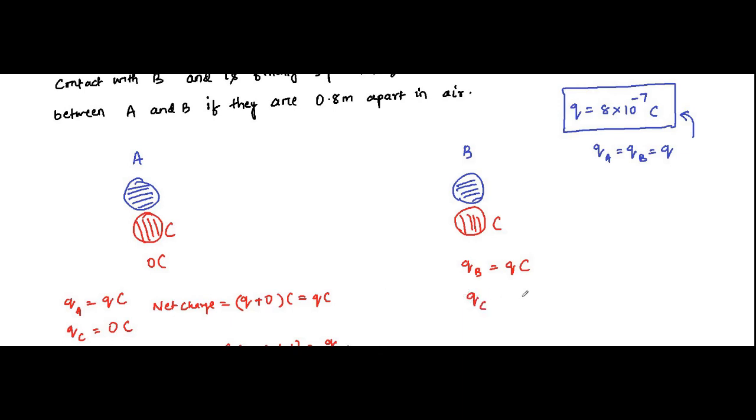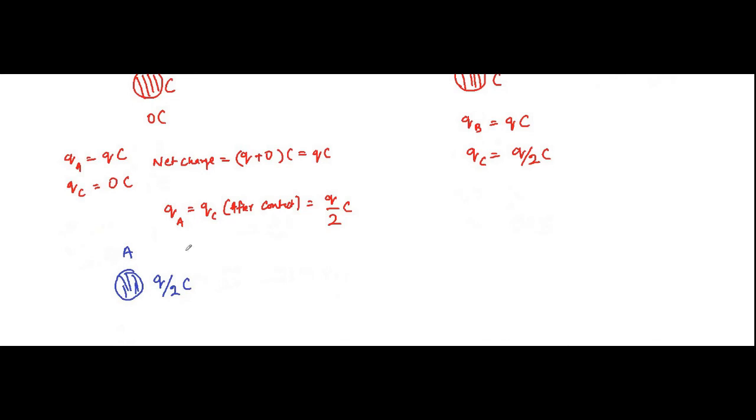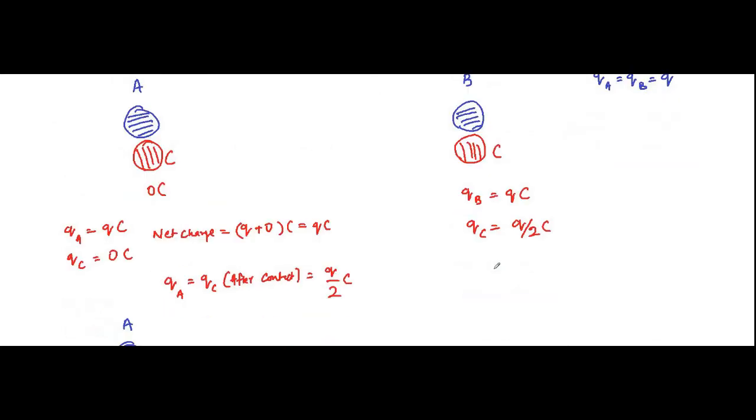Charge on C, after bringing it in contact with A, is Q by 2 coulomb, which it acquired through sharing with A.